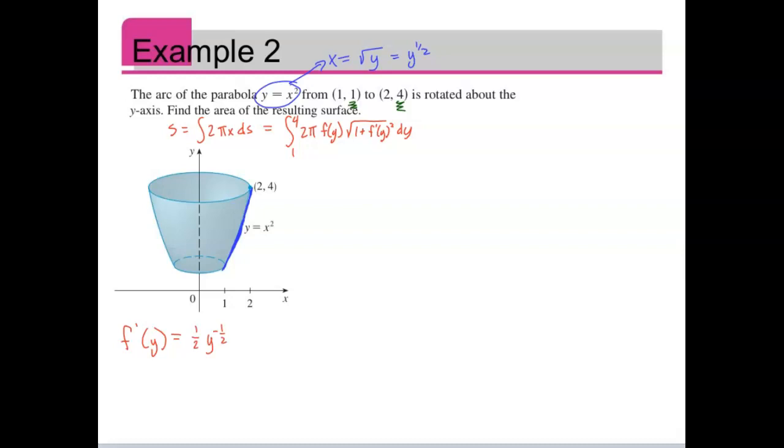And then I want to square that. I'm going to square both sides. And that would be 1/4 y, and the power of a power, we should multiply those exponents, so that's 1/4 y to the -1, right? Or 1/(4y).